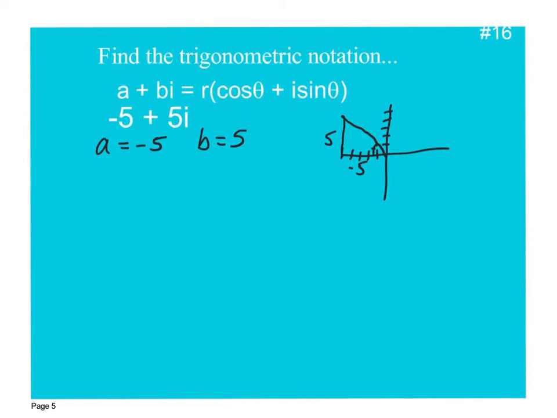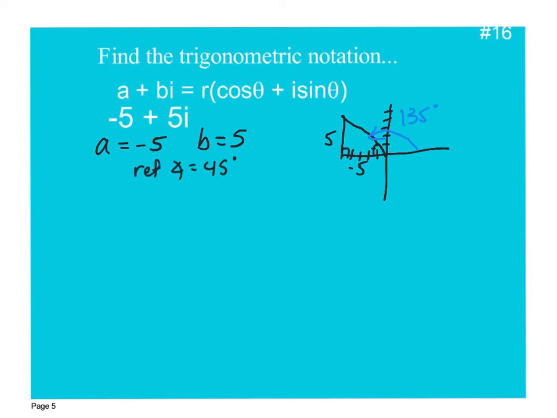What type of triangle would make this happen? To get a 1 and 1 ratio, it would have to be isosceles, making my reference angles 45 degrees. But since we are in quadrant 2, my full angle here would be 135 degrees.